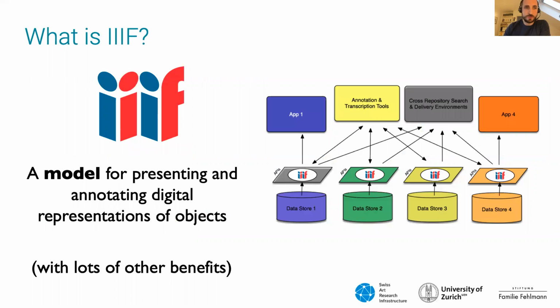It's also a model for presenting and annotating digital representations of objects, and with that come a lot of great benefits. Here you can see a glimpse of what an IIIF ecosystem looks like when different organizations leverage the IIIF APIs.